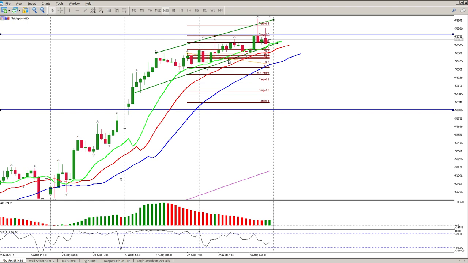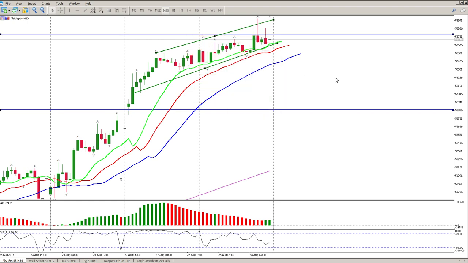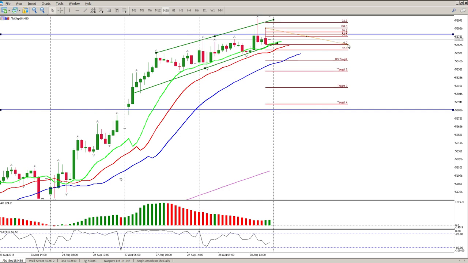Okay, so what we want to do is pretty much that. Okay, so if we look at what we have on the half hour, if we look at the oscillator down the bottom here, you can see we have a low followed by a higher low, okay, and confirming with price.